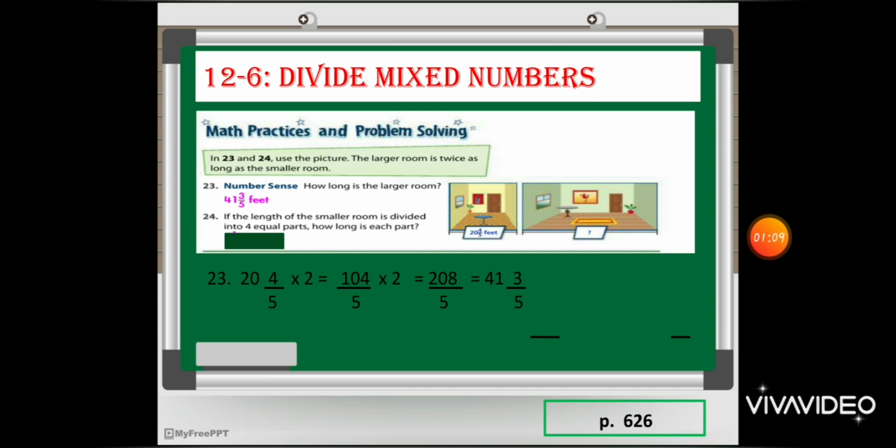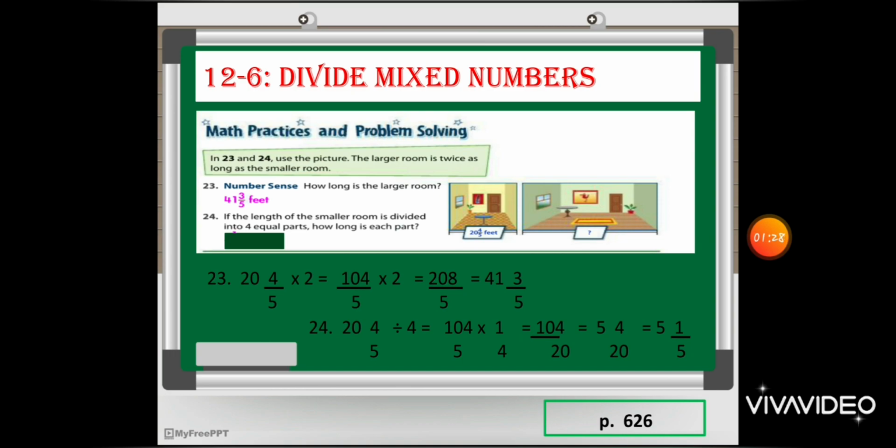If the length of the smaller room is divided into 4 equal parts, how long is each part? So again, we have to write our given. We are going to divide the size of the small room by 4.